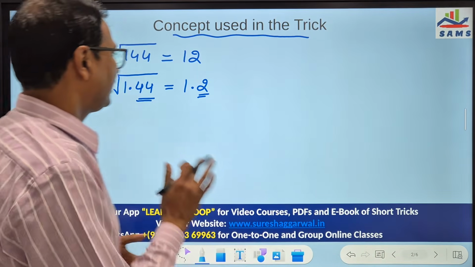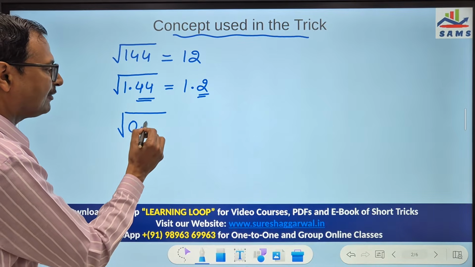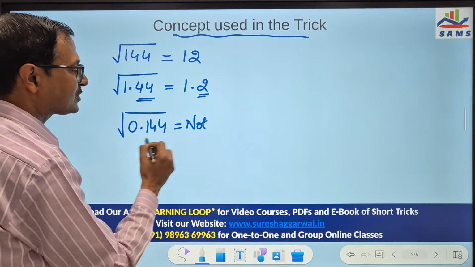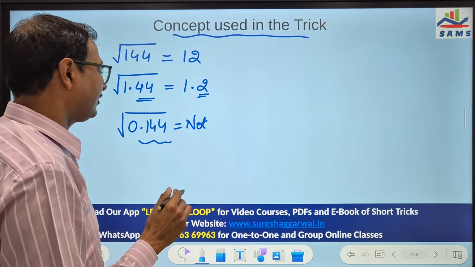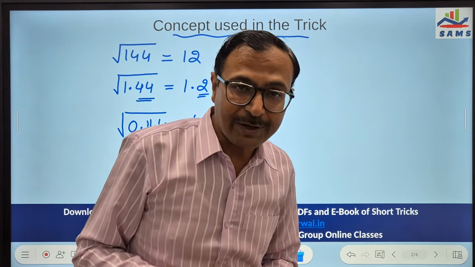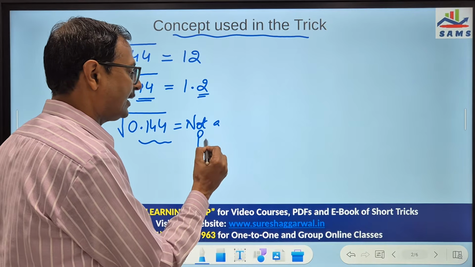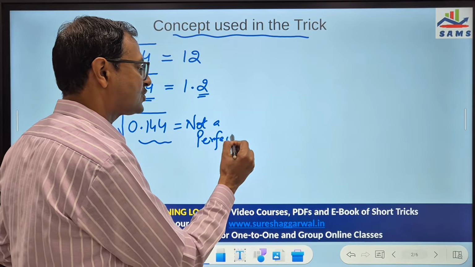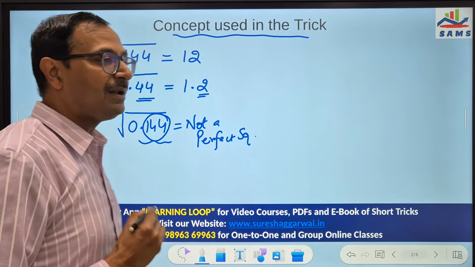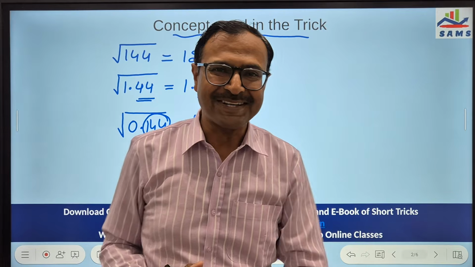Likewise, I am pretty sure you will understand that 0.144 is not a perfect square number. So I can't find the square root of this number because 0.144 is never going to be a perfect square. Why so? Because you have 3 digits after decimal and you cannot have an odd number of digits after decimal.